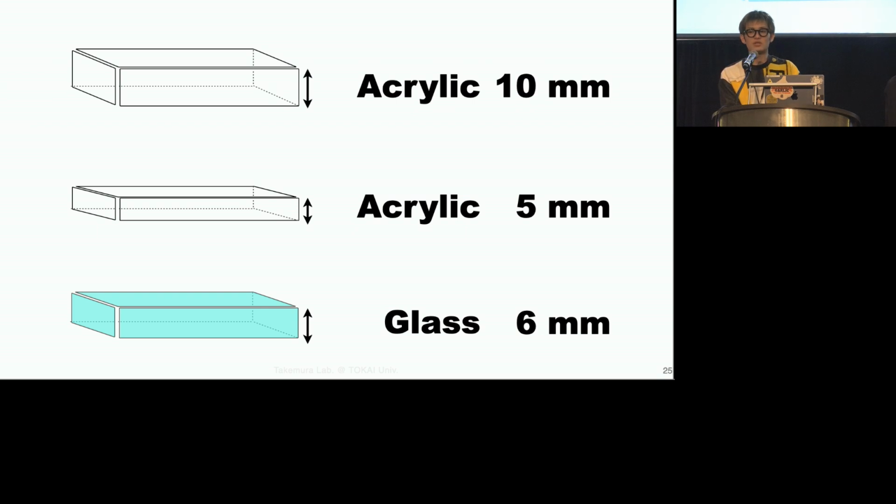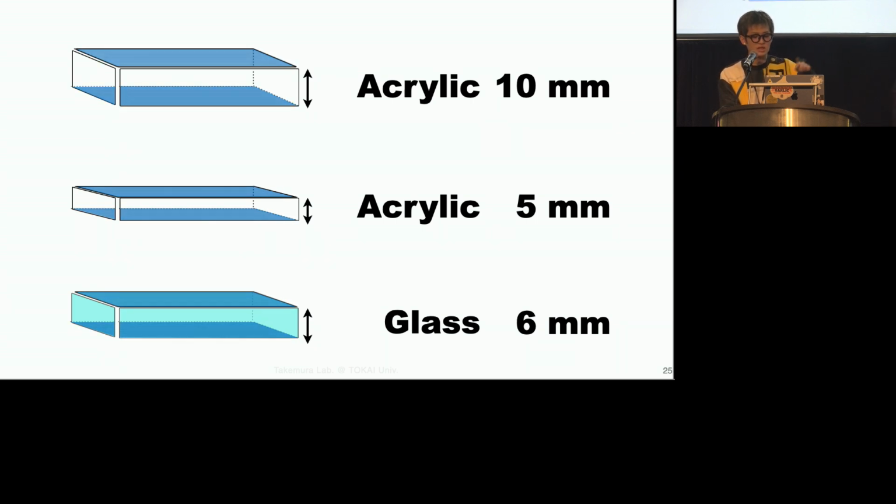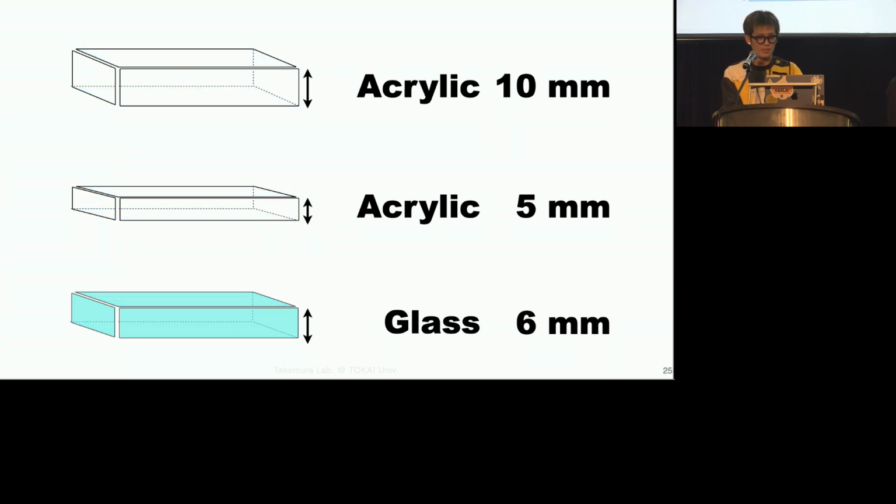We also conducted experiments to evaluate the accuracy of touch position. As shown in these figures, we use 3 types of transparent media for evaluation. We conducted evaluation for both single side and dual side touch input on each transparent medium.